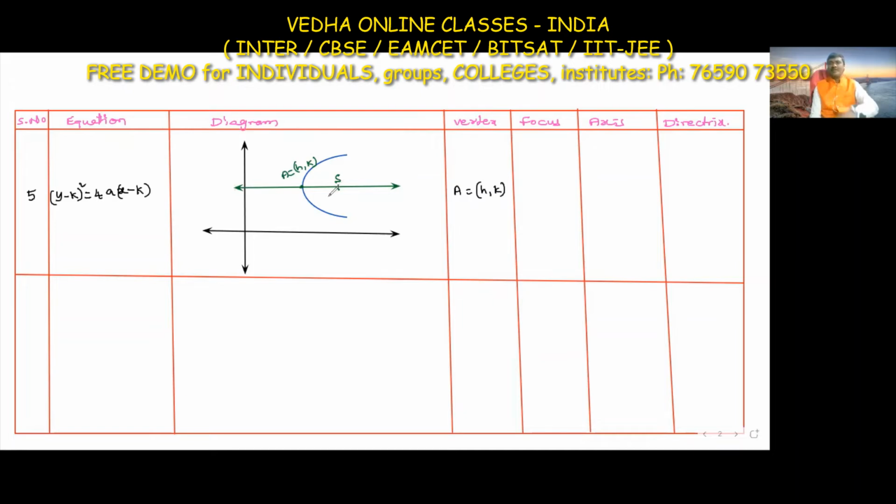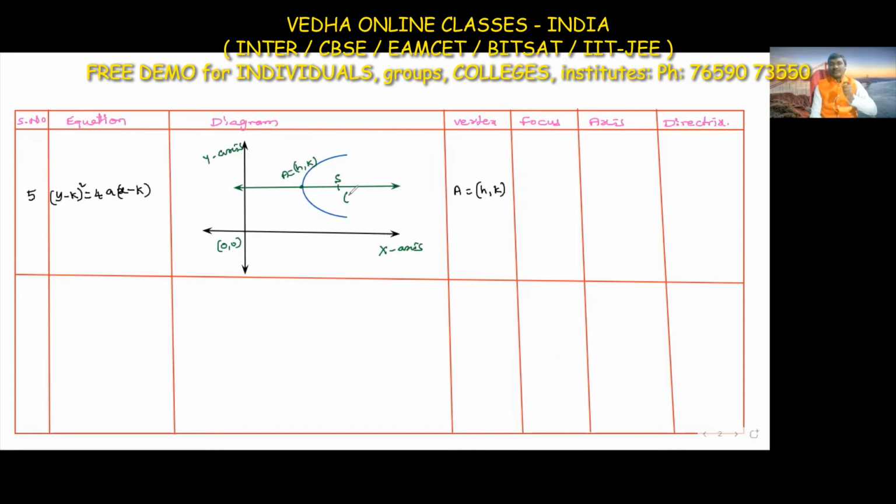The x coordinate h represents the distance from the origin. This is the origin, 0, 0. This is the x-axis and this is the y-axis. The vertex A is h comma k.